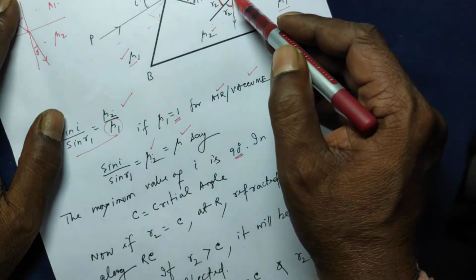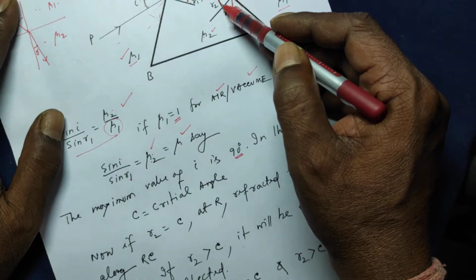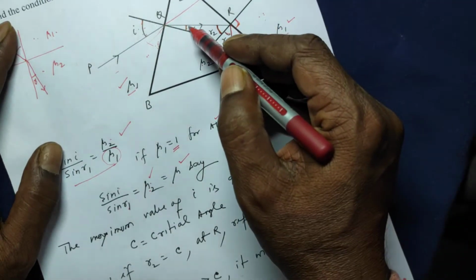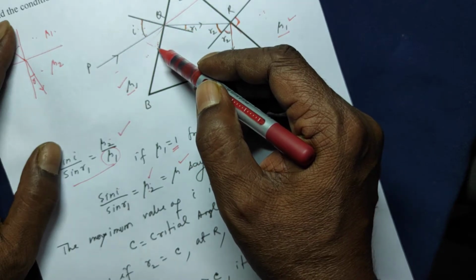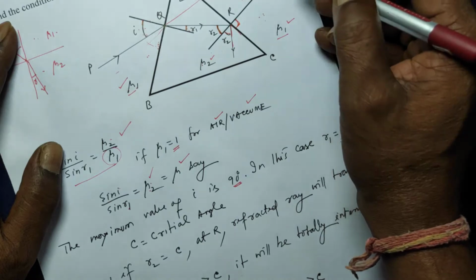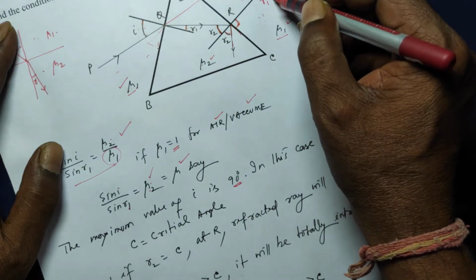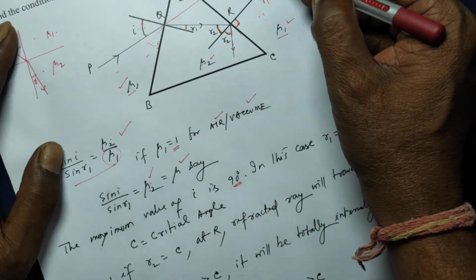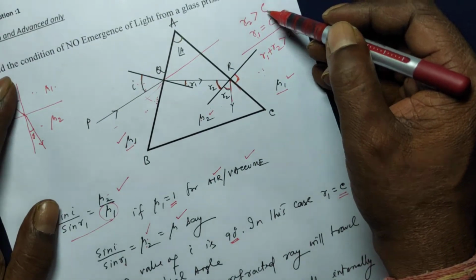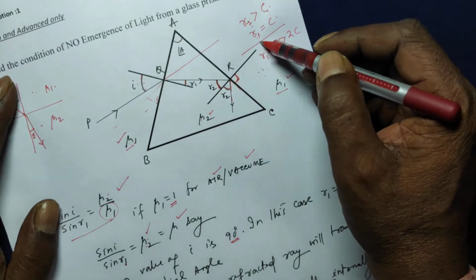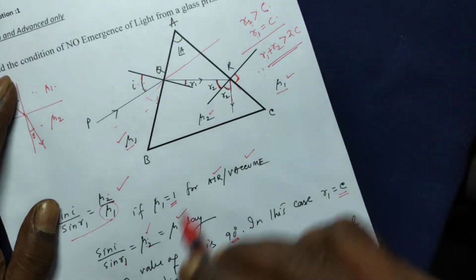For this QR not to come to this side, R2 is greater than C. And for the maximum value of I, that is 90, R1 is equal to C. So R1 plus R2 will be greater than 2C. R2 is greater than C, and R1 is equal to C. So R1 plus R2 will be greater than 2C. This is to be understood.